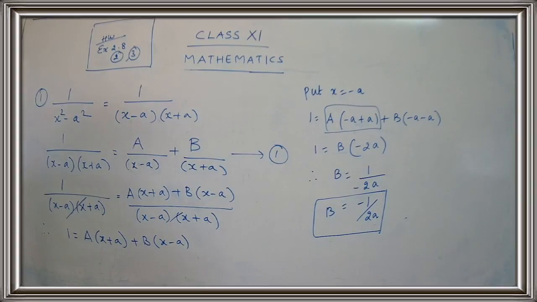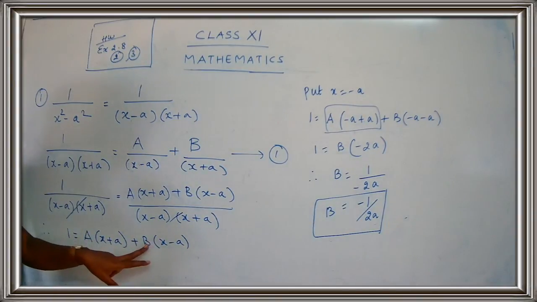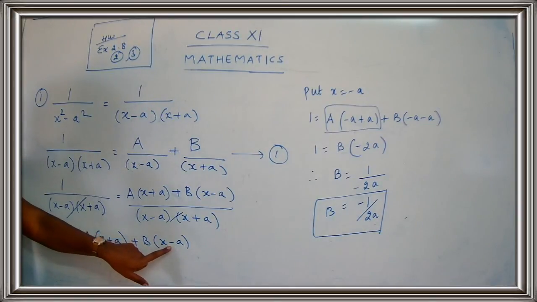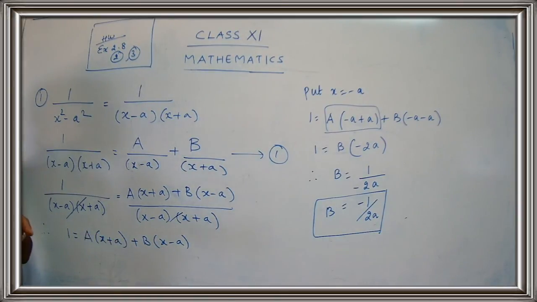Now what is with b? Just see, to eliminate a, I have taken x as minus a. Yes, children. So for removing this b term, what I have to take? X as, yes. Here I have minus a. Yes, children. So what you have to take? Yes, you have to take x is equal to a.